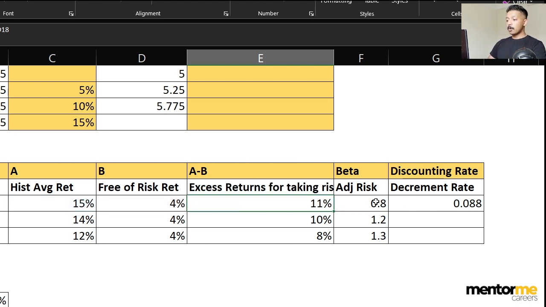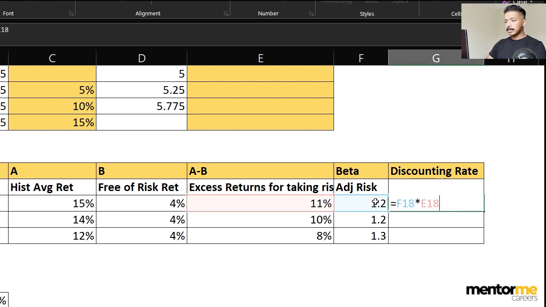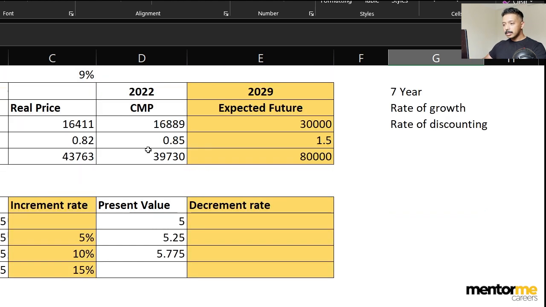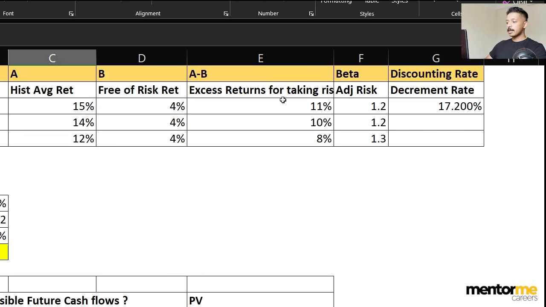So let's keep this as 1.2 for now. My basic expectation of excess return is 13.2, but we also need to add the fact that the risk-free rate was already 4%. So my expected discounting rate or the opportunity cost that we spoke about is 17.2%.